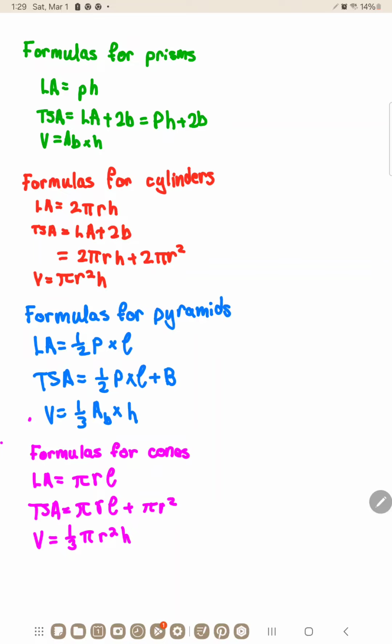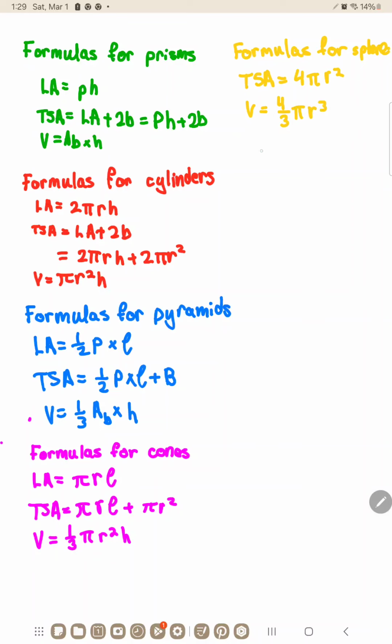Now we have formulas for spheres. This is a formula sheet for everything we need to know. I messed up writing. We have total surface area, which is equal to 4 pi r squared, and for volume, which is 4 over 3 pi r cubed.